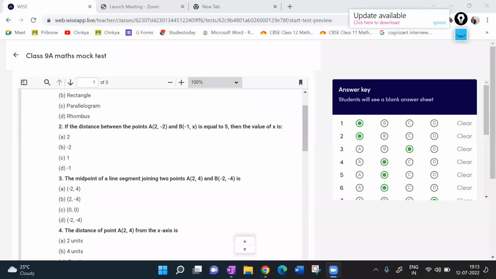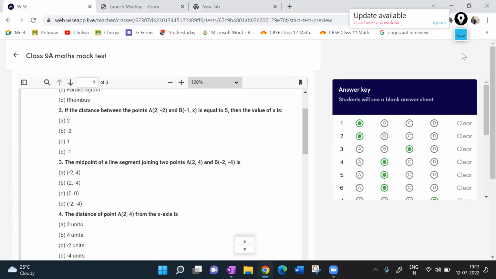Your friends were unable to join actually. So the distance between the point. People, please be on time. If the distance between the point A and B is equal to 5, then what is the value of x? Very simple question.